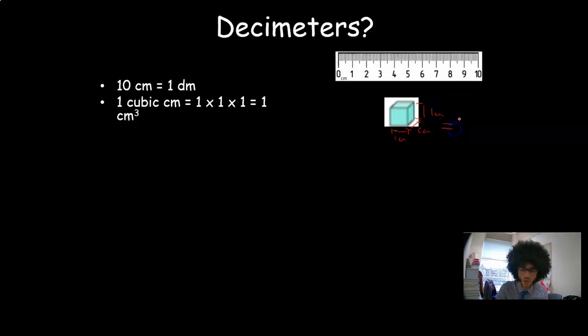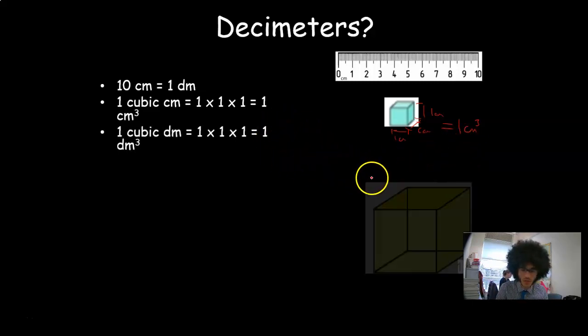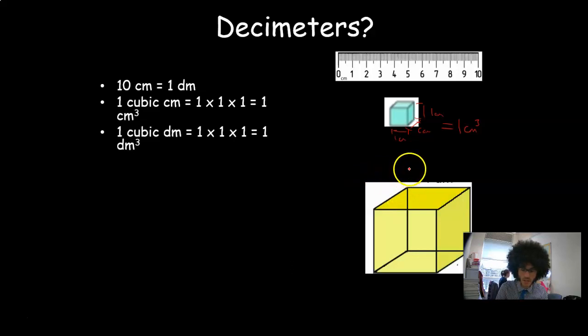So overall, that would be 1 centimeter cubed, okay? So if I've got 1 decimeter cubed, if I'm sticking in decimeters as my unit, and this is my big block of decimeters, it would be this, which is 1 decimeter, multiplied by this length. It's kind of hidden from view there.